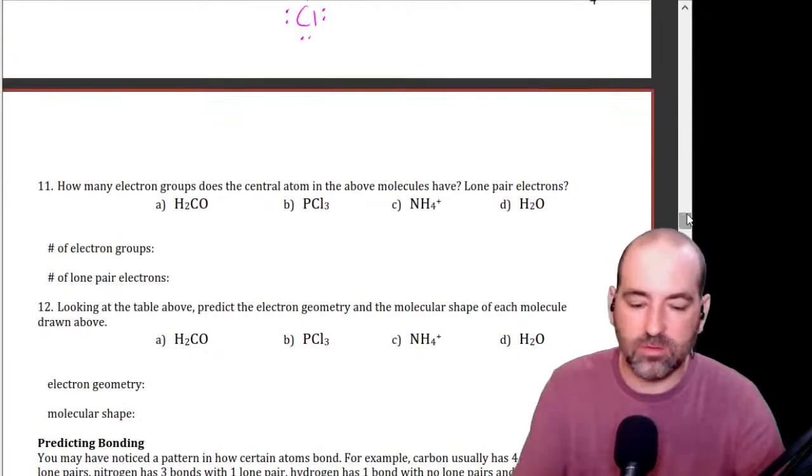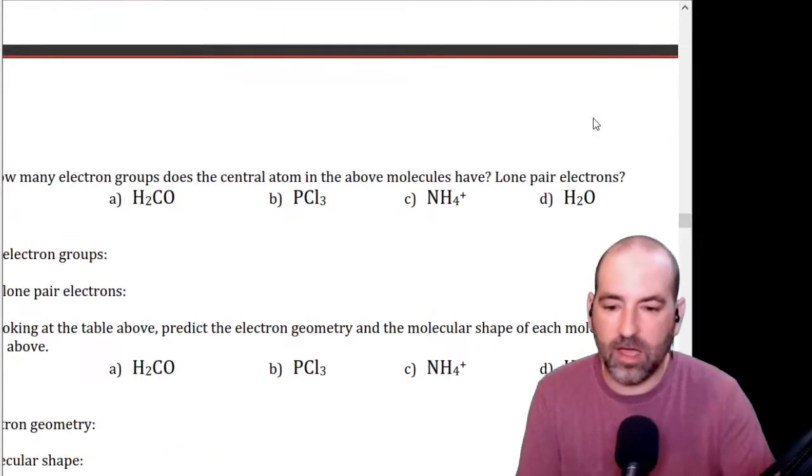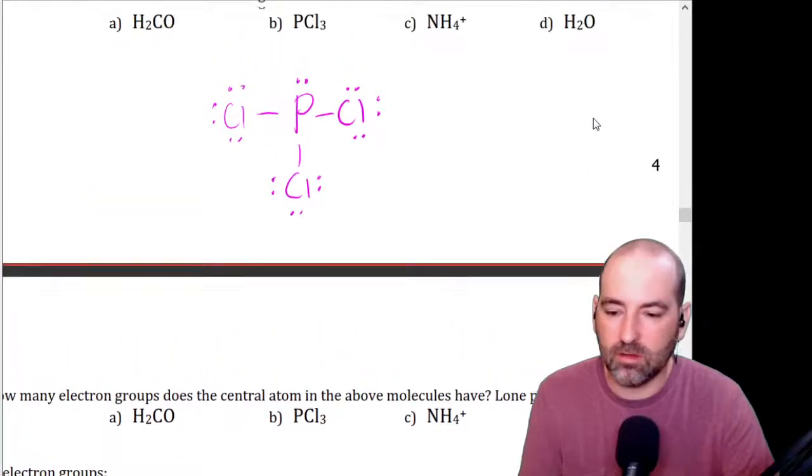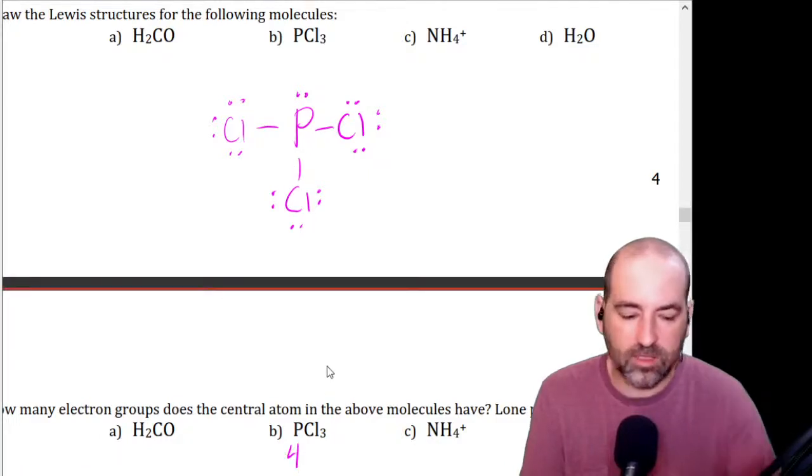How many electron groups does the central atom in the molecule have? So we look back up at our Lewis structure, and our total electron groups are 1, 2, 3, 4. So 4 electron groups.